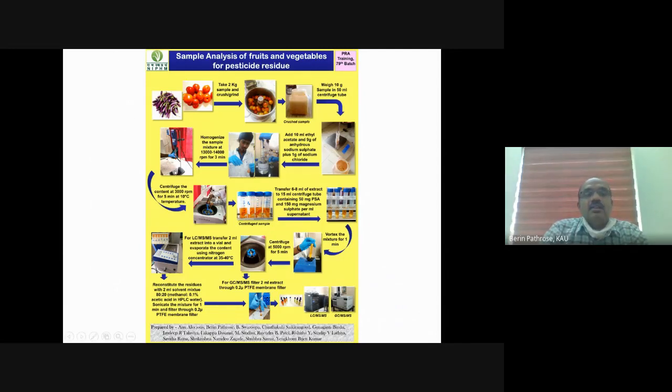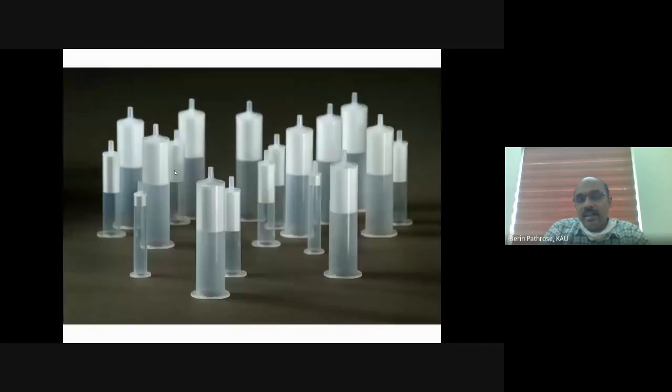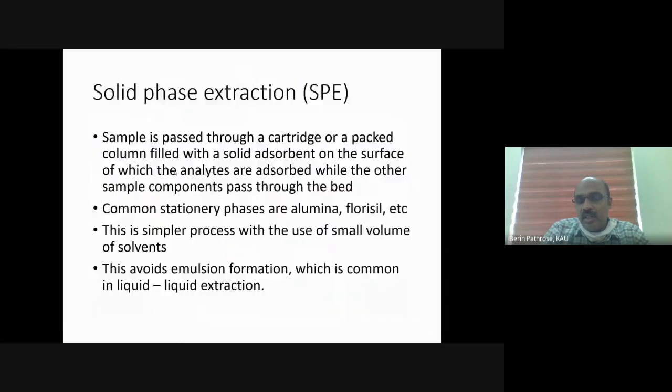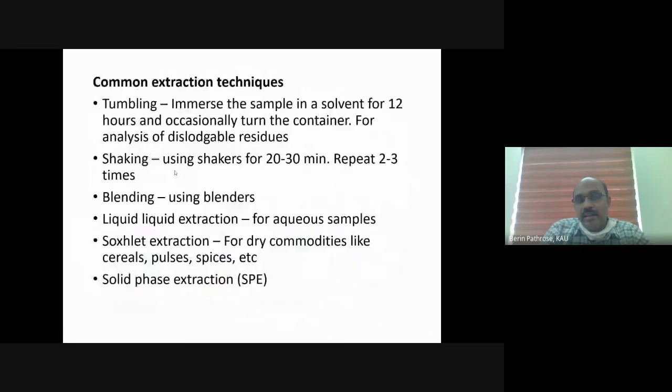Here we will take the sample and solvent in a centrifuge tube, and the centrifuge tube containing the sample as well as the solvent is kept in a homogenizer, and this homogenizer will rotate at extremely high speed, up to say 15,000 rpm. So that is called blending. The solvent will be blended thoroughly with the sample. So that is the use of blenders.